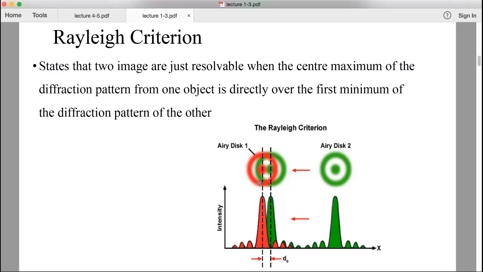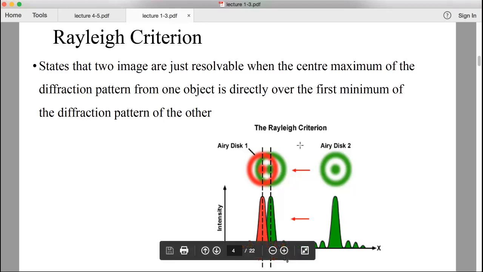Now you have the green diffraction intensity distribution, and you have the intensity distribution there. So in order to observe the first minimum, it's not drawn here, but you can get the idea.